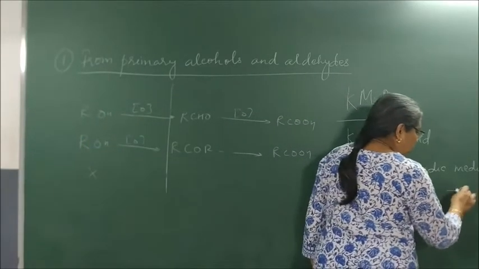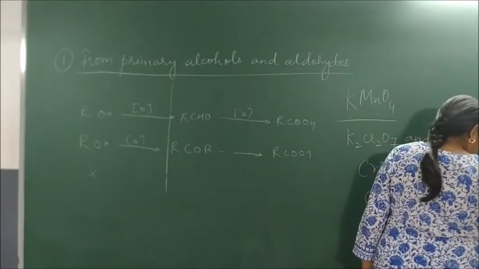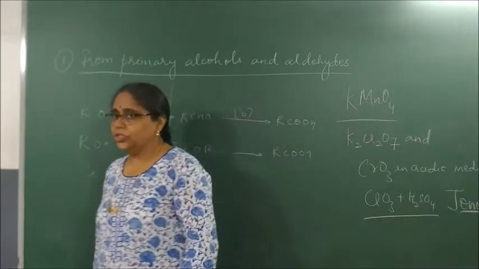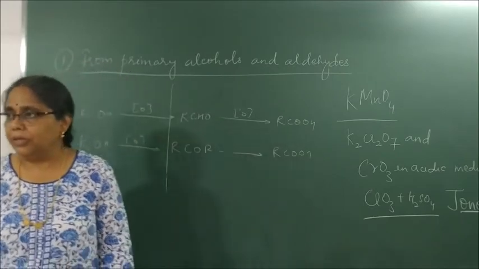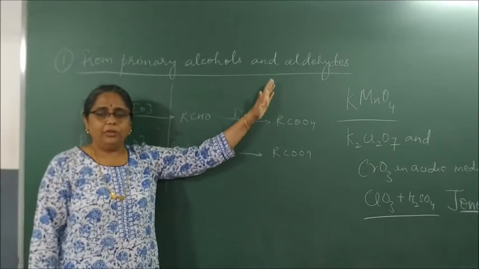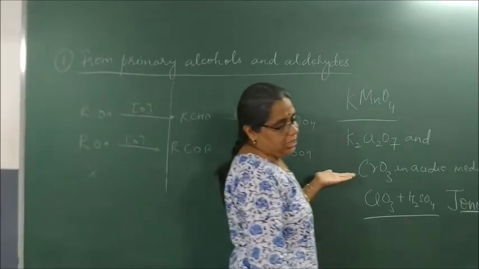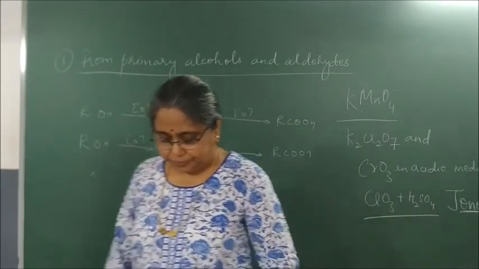It is called Jones reagent. Please write, it is a 1-mark question in the board as well as in CET. K2Cr2O7, potassium dichromate, KMnO4 in neutral, alkaline or acidic medium, and CrO3 in acidic medium is also called as what reagent? Jones reagent.